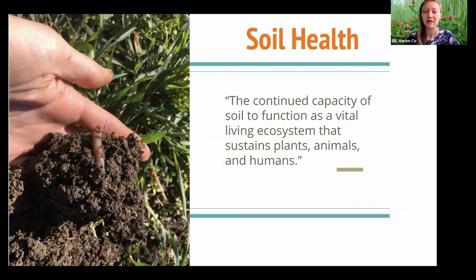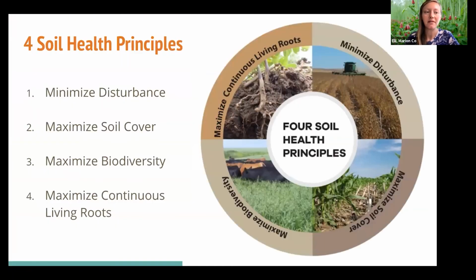And so building upon this definition, we have been able to break out 4 soil health principles, and these principles have been promoted by the NRCS and other conservation agencies as a way to help get at the core of different buckets of practices and what they can fall into, and take that definition of soil health and break it into these core pillars.